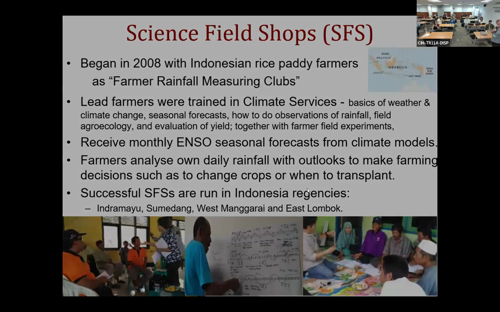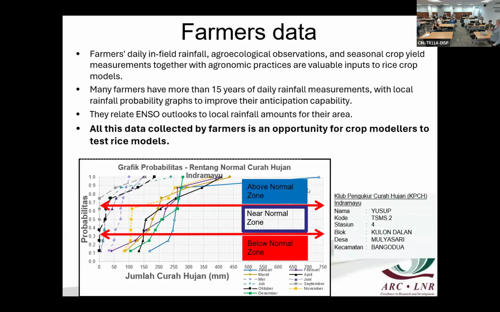So my quest today is that there's a whole lot of farmers' data there, because for more than 10 years, sometimes 15 years, these farmers have been measuring the daily rainfall. So they can make their own probability graph. Here you can easily see this is the wet season, but you can see that there's a very big difference between some of the months.